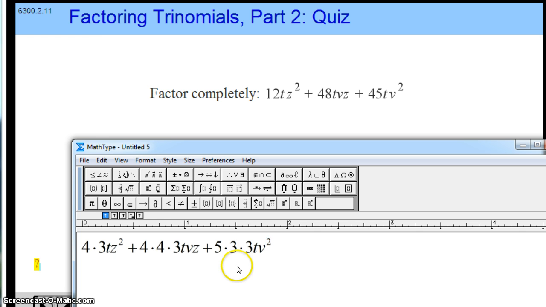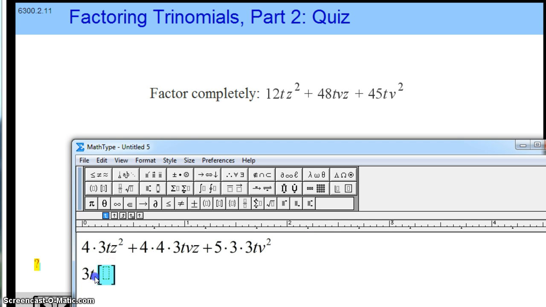Okay, so let's do the easy stuff first. I see some common factors. I see 4s and 3s, but everyone seems to have a 3, and everyone seems to have a t as well. So let's pull that 3t out of everything because it's a common factor. So we're left with 3t times, we can even do big braces, like this.